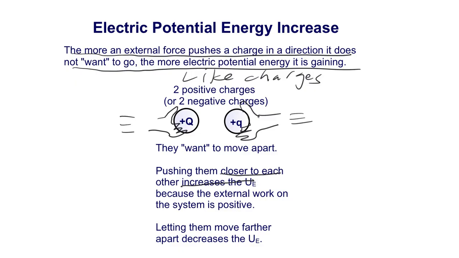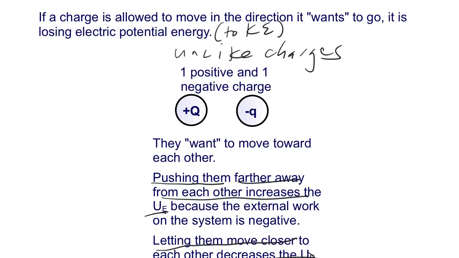Were you to release these two objects, that electrical potential energy would turn into kinetic energy as the two charges flew apart from each other. The electric potential energy would be decreasing as the kinetic energy increases as they fly away from each other. Okay, if we have unlike charges, it's the same idea.